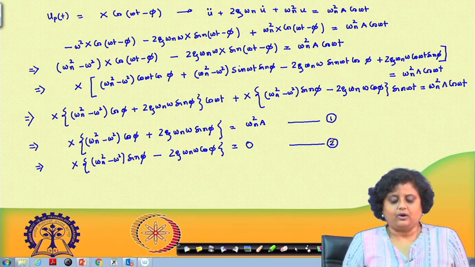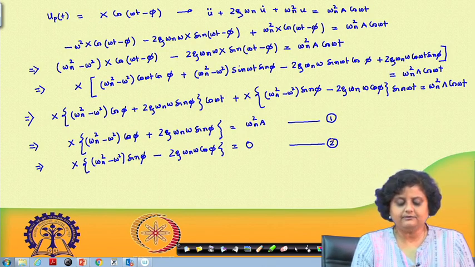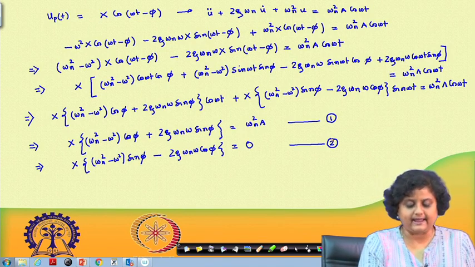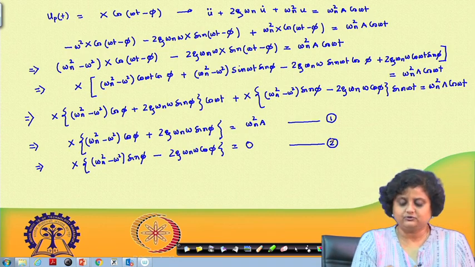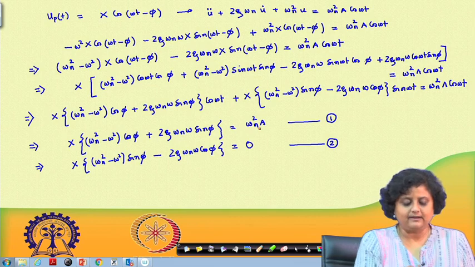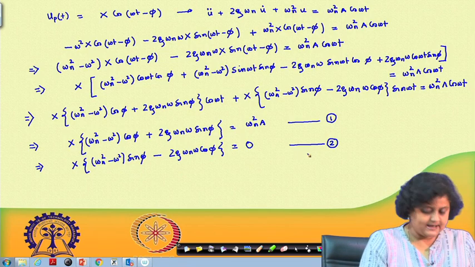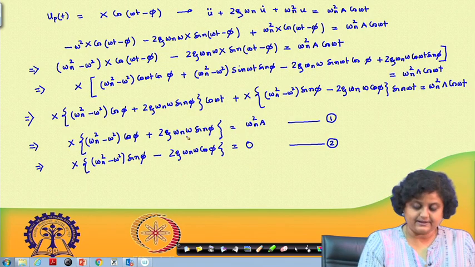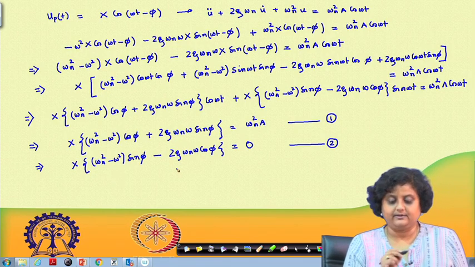Okay. So, if I use these two equations and try to solve for X and φ, which is very easily doable, I have to just square these equations and add them up, that should lead me to the value of X, and the value of φ can be obtained from equation 2. So, let me just check if I have done it correctly. So, this is the equation that we get.